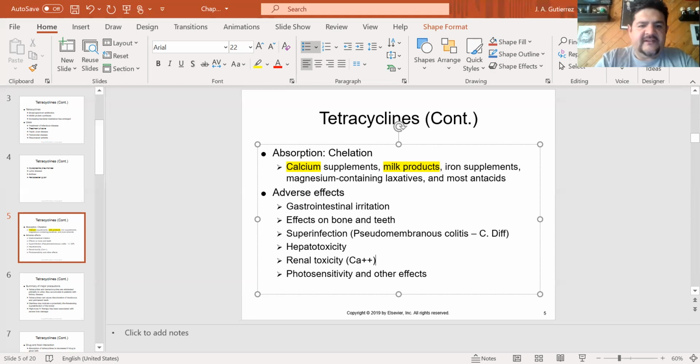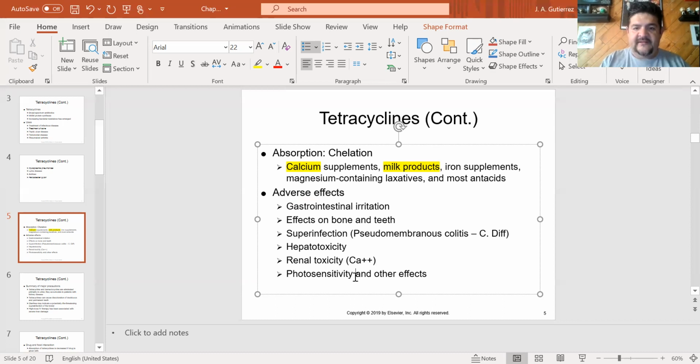The medication, the tetracyclines, can be excreted to the kidney, but when it's attached to calcium, it's too big of a molecule to be put in urine. So basically, it's going to get stuck on the tissue of the kidney, and that eventually will cause kidney failure. So we have to make sure that this patient goes every 6 months to an evaluation by the doctor to see how the liver and the kidneys are.